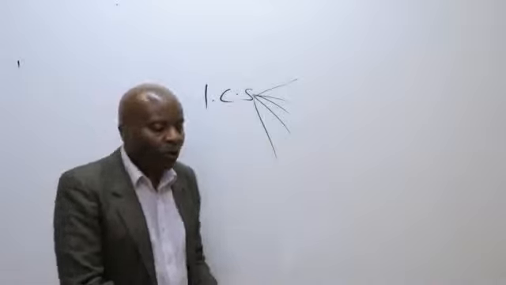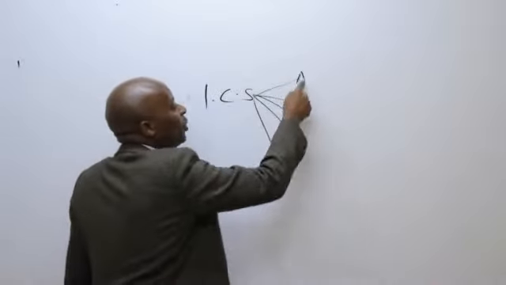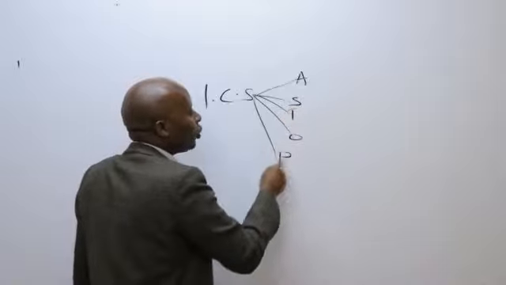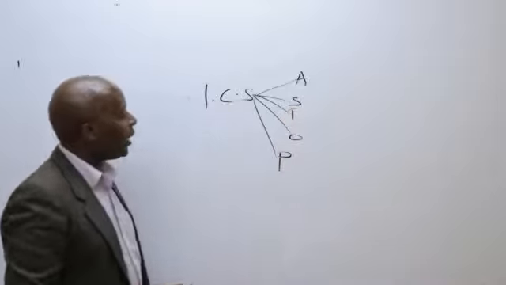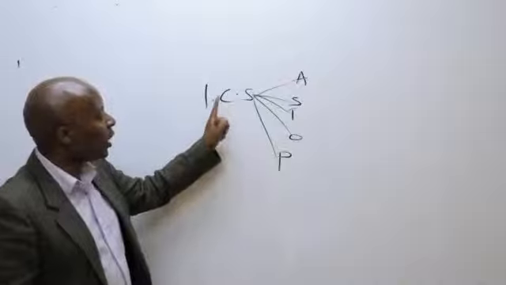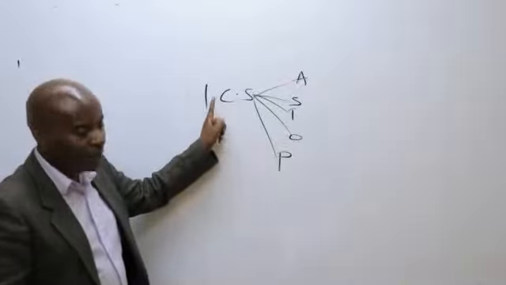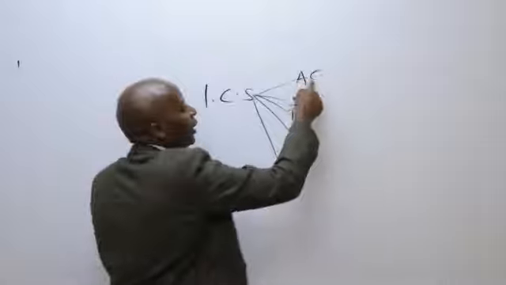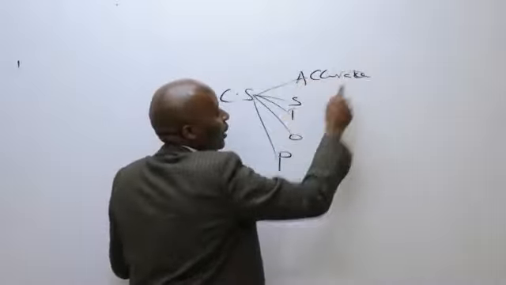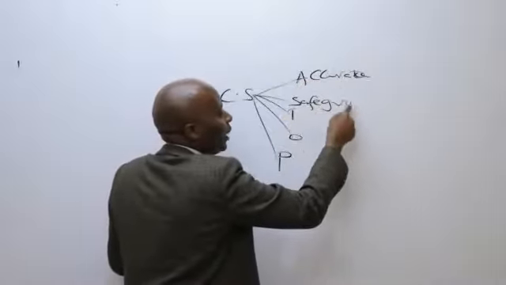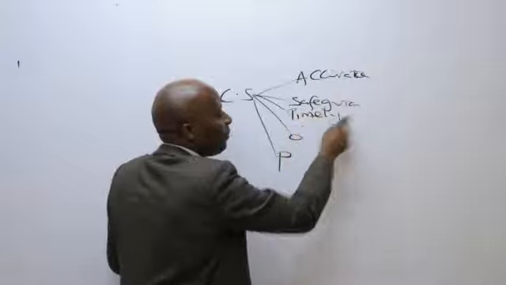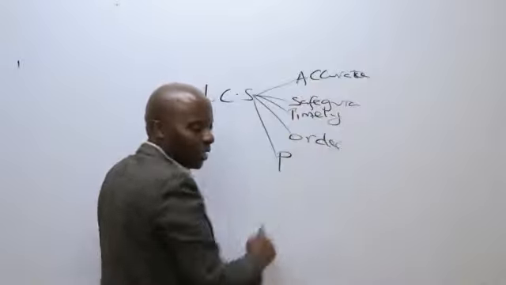So the internal control systems objectives, normally we talk of them like that. We are saying that we can only say our systems are strong if we are able to get accurate financial statements, if our assets are safeguarded, if we are getting reports on time when we want them, if there is order in the organization.